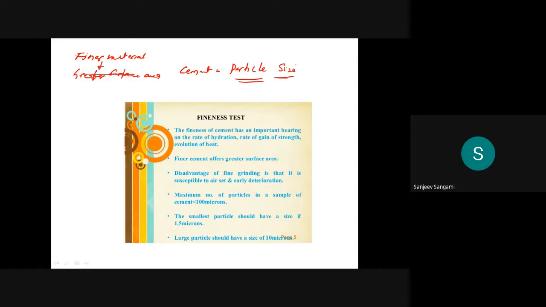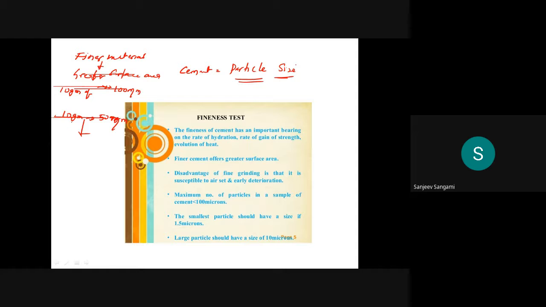So I'll take 10 gram and assume that it is having 100 micrometers particle size. Another 10 gram I'll take, and assume that it is 50 micrometers. Then for this case, the surface area will be high.